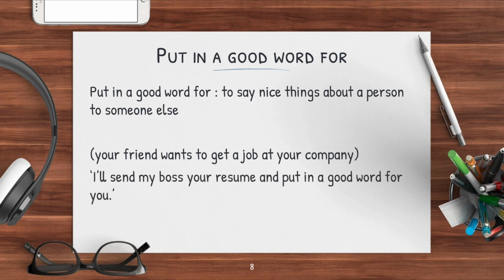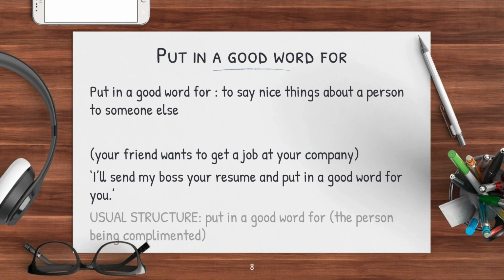You tell your friend, "I'll send my boss your resume and put in a good word for you." So I'll send my boss the resume and I'll say nice things about you. I'll say, "Hey, he's a great worker, you should hire him." For the structure here, you would put all the words together, put in a good word for, and then say the person being complimented.